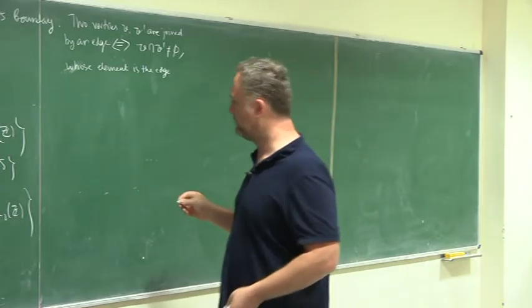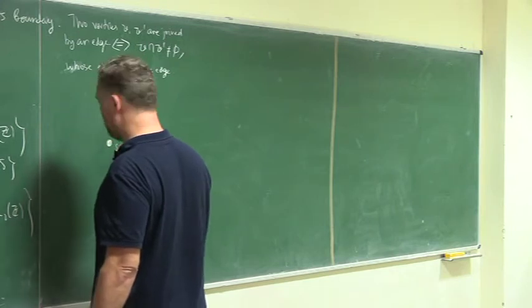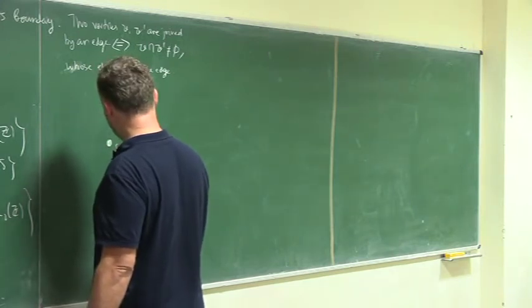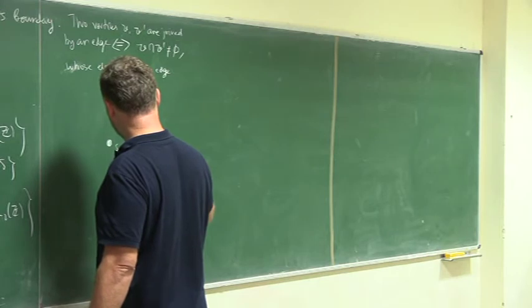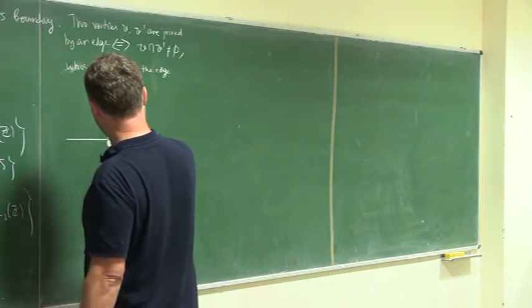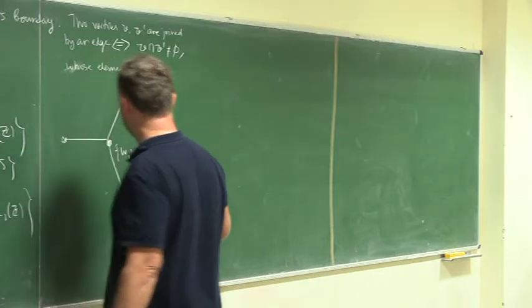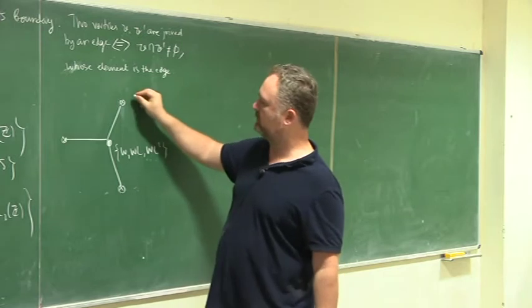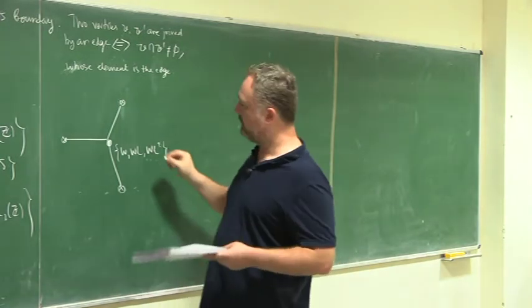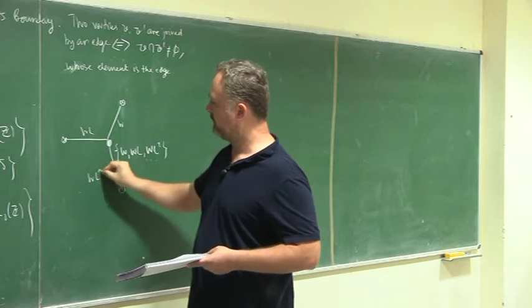So, for example, I have a vertex of type {W, WL, WL square}, joined to a vertex {WL square, WL square S}, and so on.